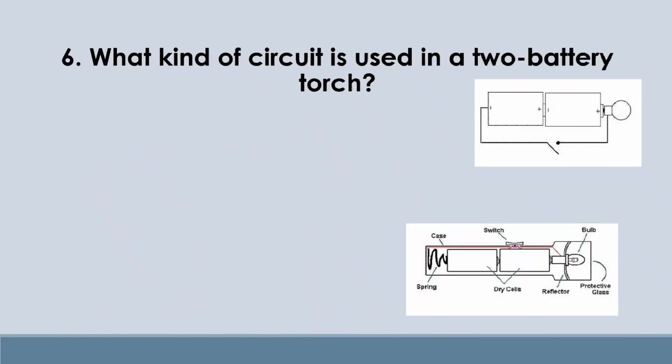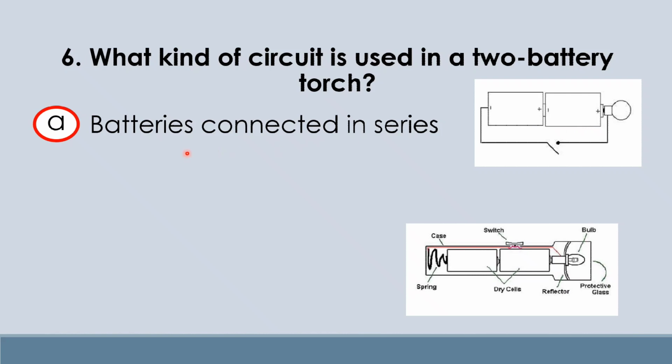For number 6, which kind of circuit is used in a 2-battery torch? Do you know the torch? This is the torch. If we use dry cell batteries, what kind of circuit is used in this? Is it letter A, batteries connected in series?